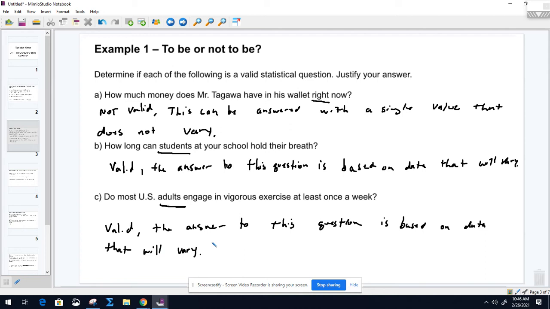Okay, and yes, this is a yes or no, but here's where we go back to stuff that we've already learned. Example B would be quantitative data, where we would get a numeric answer for how long they could hold their breath. C is categorical. It's a yes or no, but it's going to vary dependent on how many adults you ask. Okay. So again, does the data vary or not? That's whether or not it is a valid statistical question.